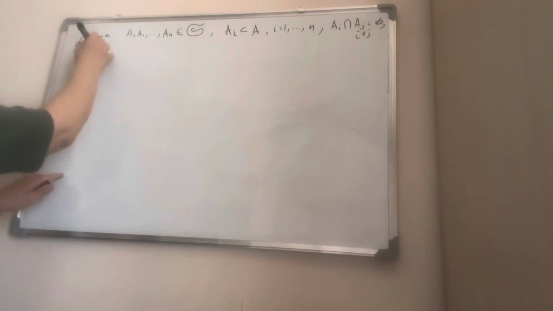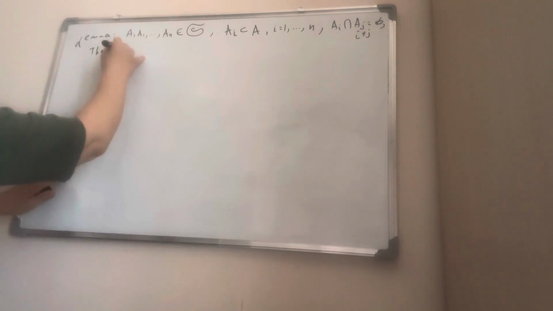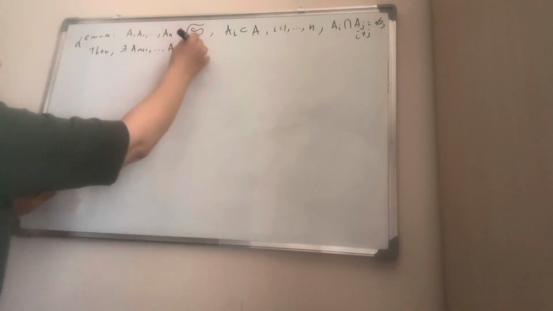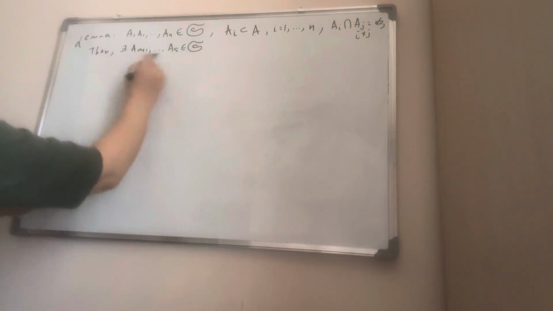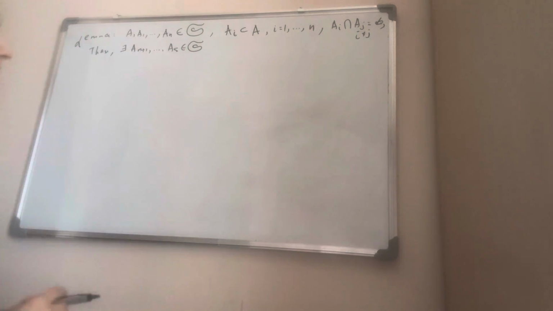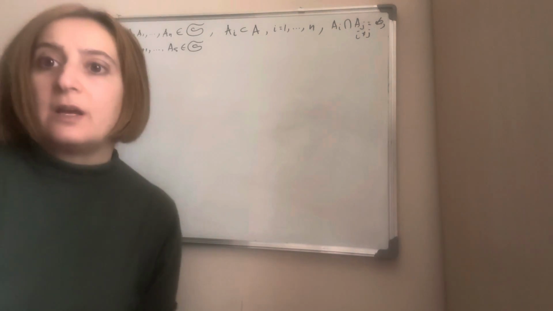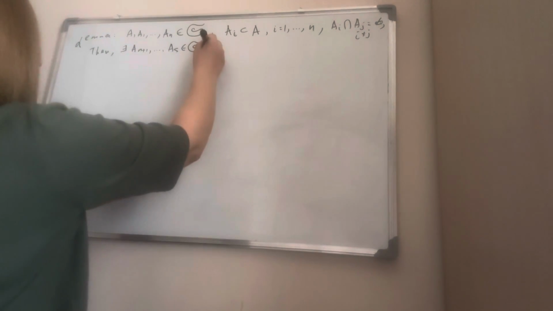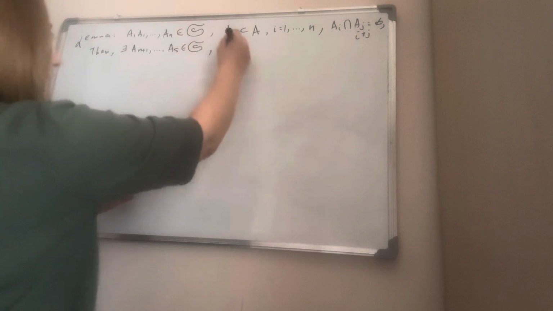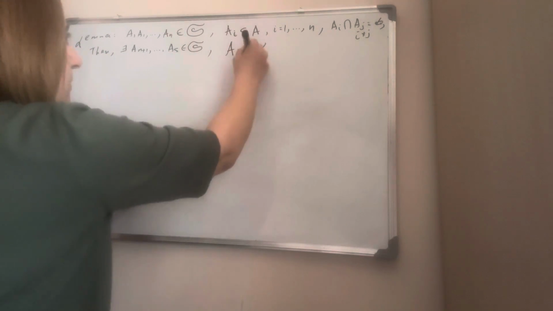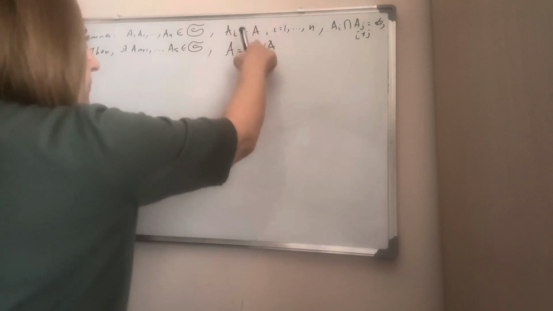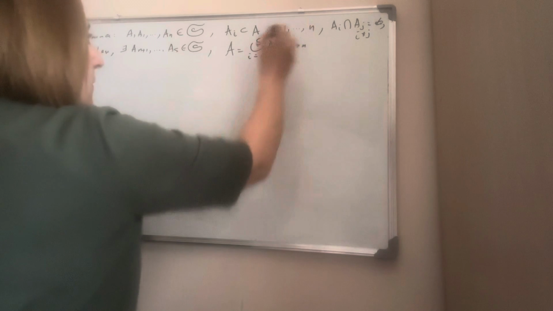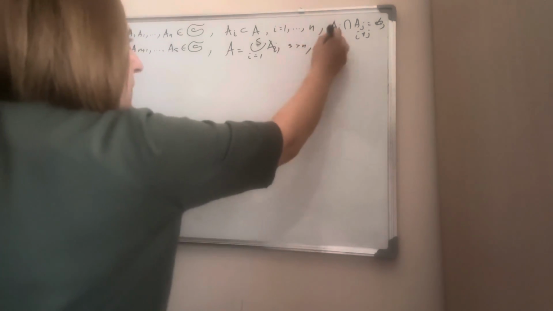Then there exist sets from An+1 to As, which belong to the semiring sigma, and they are such that A equals their union.